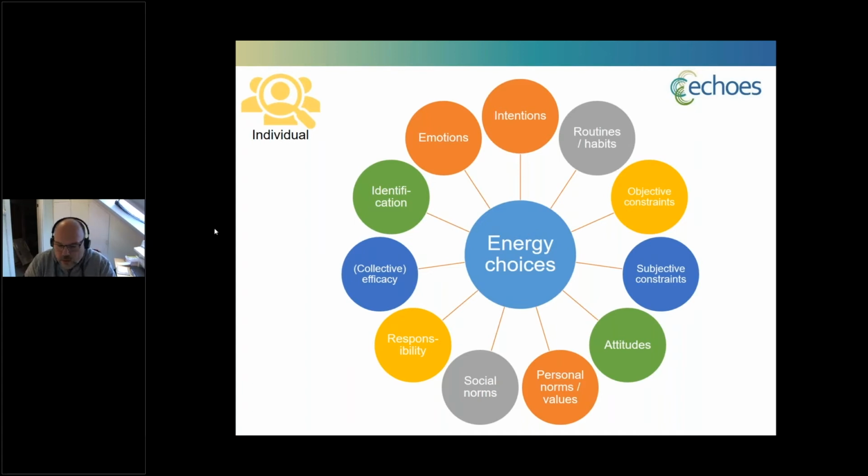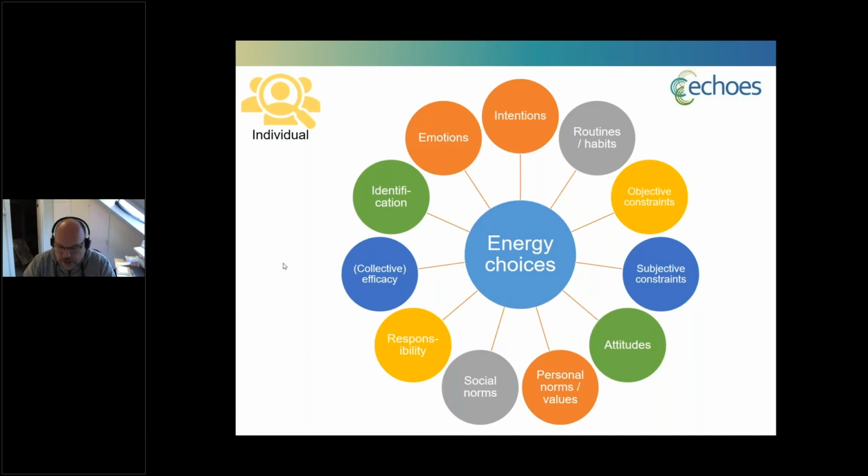But they also have personal norms and values, which are more overarching factors that influence the way people behave across different situations. Some people are more interested in saving the environment, while others are more interested in economic prosperity, for example. Then people are affected by what other people do and say to them, which would be social norms. They are also affected by how much responsibility they ascribe to themselves for changing the energy system, and by how effective they think their actions are.